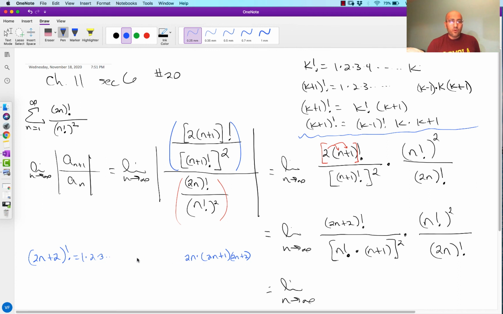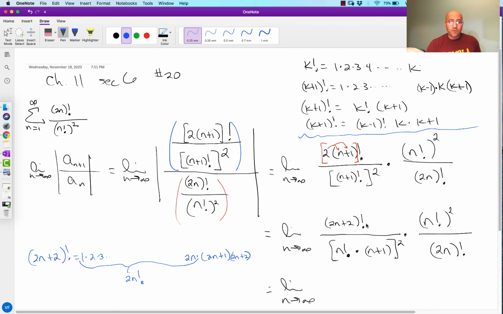If we wanted to keep going before that, we'd start subtracting 1. So this part, 1, 2, 3, 4, 5, all the way up to there, can be rewritten as 2n factorial, and then the rest of it.